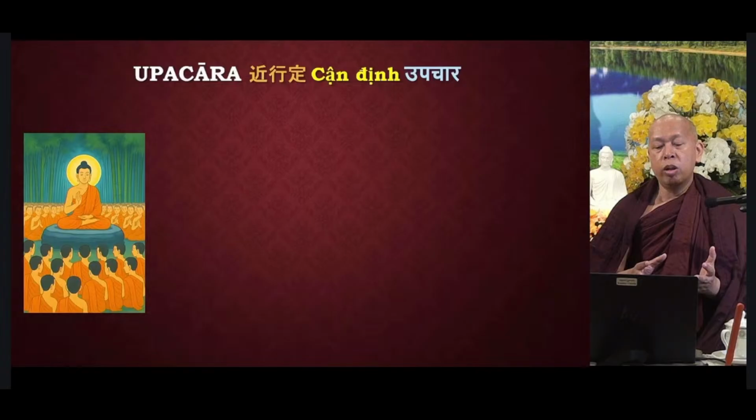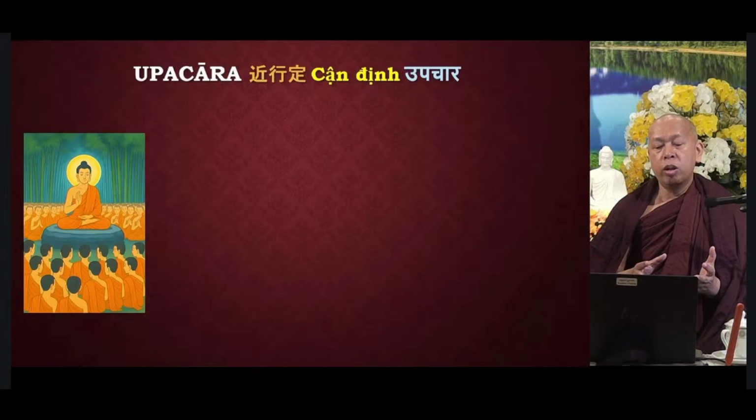Okay, now the last one: Chatudhatuvavatthana, we also say four-element meditation. In the Buddha's time, when somebody could not practice Anapanasati very smoothly for some time, maybe a few months or a few years, then they were trained in Chatudhatuvavatthana, four-element meditation.